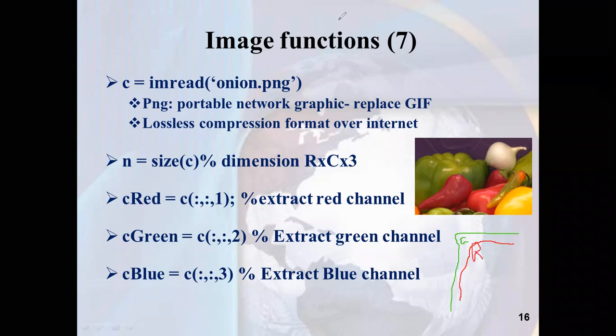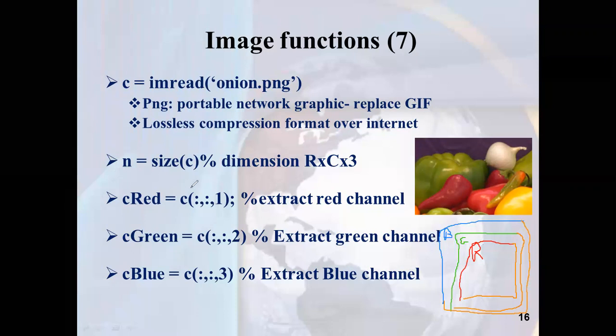This is the red matrix, and we have the blue matrix. This is RGB. And every matrix is constituted by rows and columns. This is the first matrix. This is the second matrix, the green one. This is the third matrix. Of course, each one is of dimension R times C.